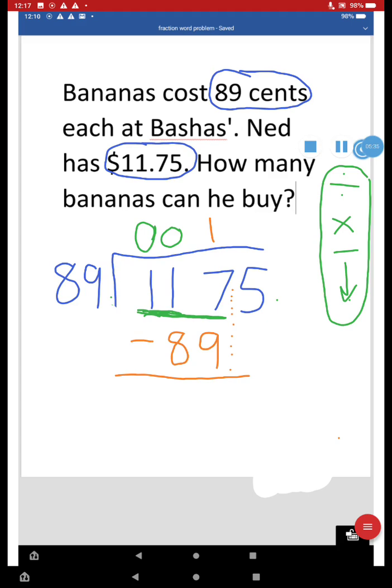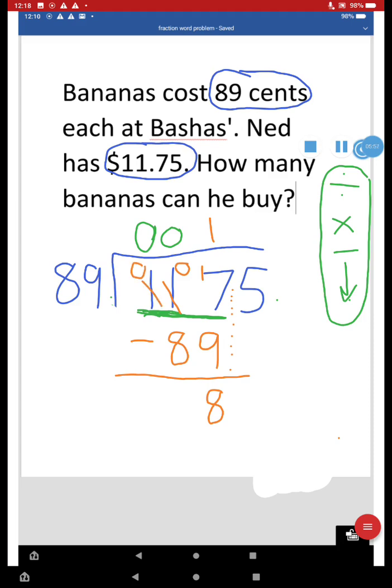Let's do a little bit of subtraction now. What's 7 subtract 9? Don't say 2. Remember, 7's smaller, so I have to borrow. This becomes a 0. This becomes a 17. 17, take away 9 is 8. 0 take away 8, can't do that.